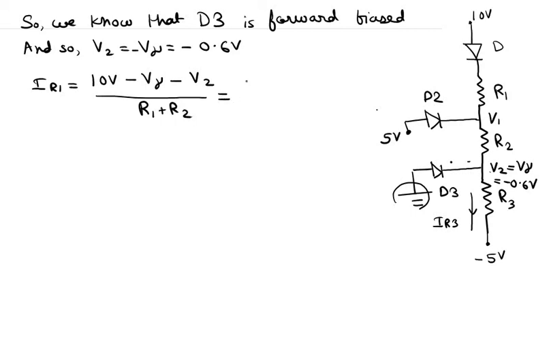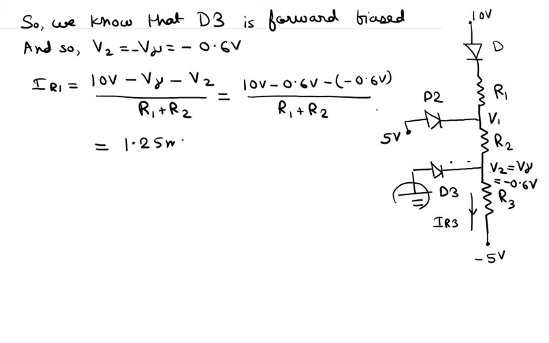So this gives us 10 volts minus 0.6 volts minus 0.6 volts, divided by R1 plus R2. If we put the values of R1 and R2 over here, we get 1.25 milliamps.